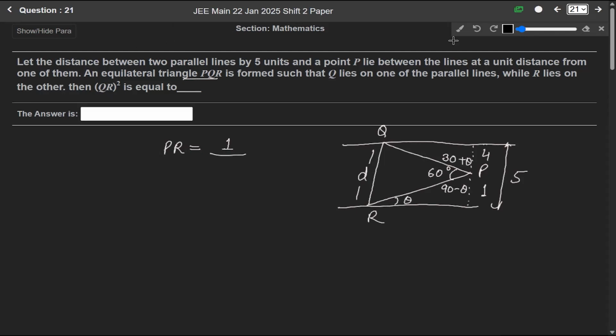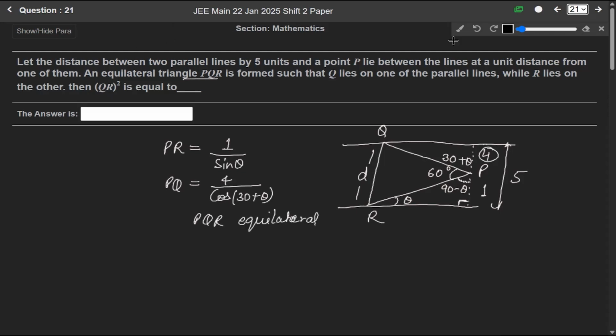If this angle is θ and this is 90, then the other will be 90 − θ, and since it is 60 degrees, this angle will be 30 + θ. So PR will be equal to 1 / sin θ, and PQ will be equal to 4 / cos(30 + θ). So PQR is an equilateral triangle.